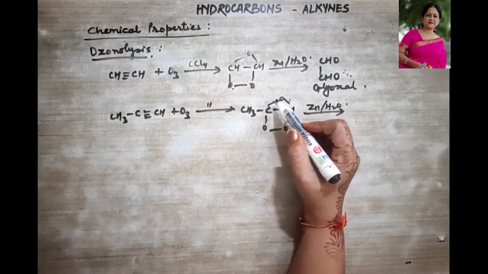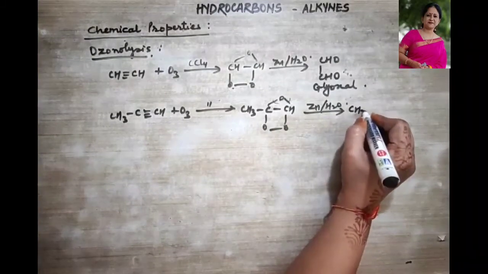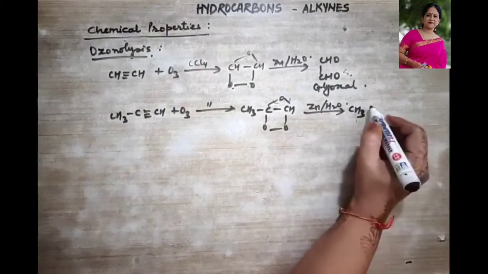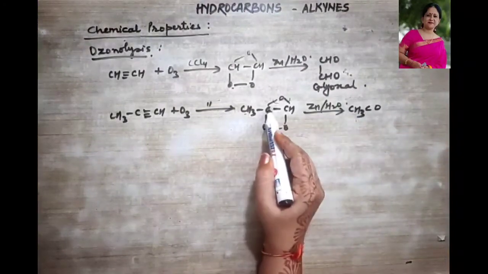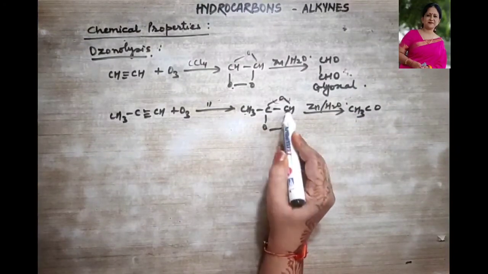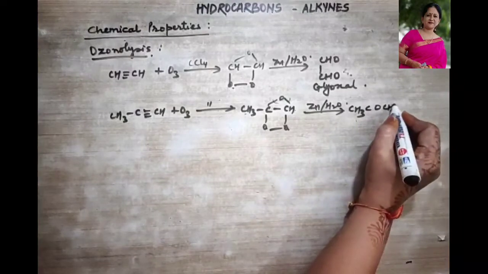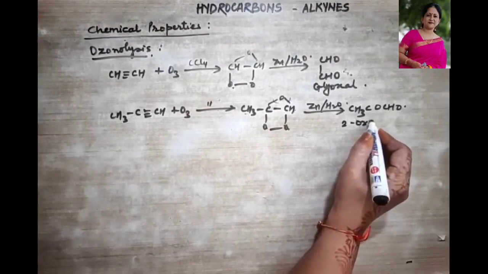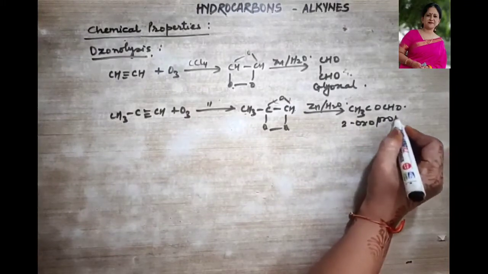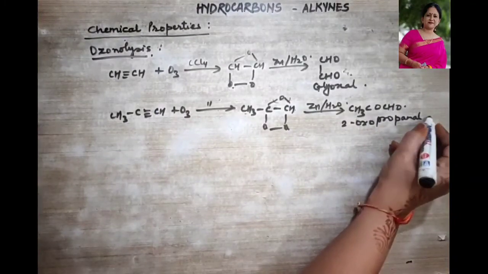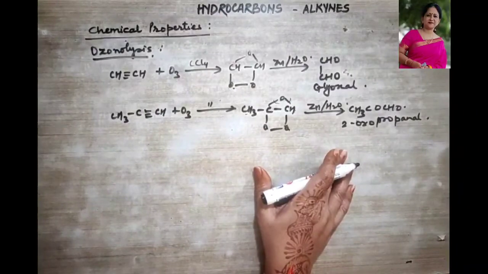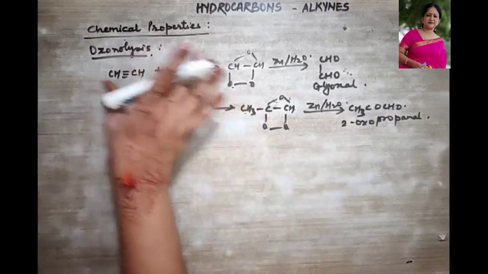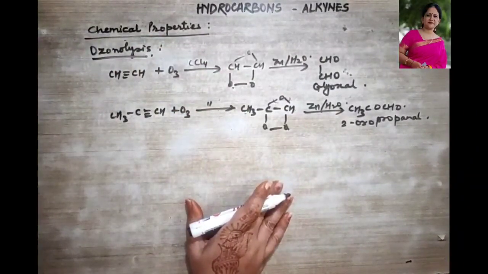Then what is formed over here? CH3CO, CHO. What is this? This is 2-oxopropanal. Okay. So these were the ozonolysis reactions.